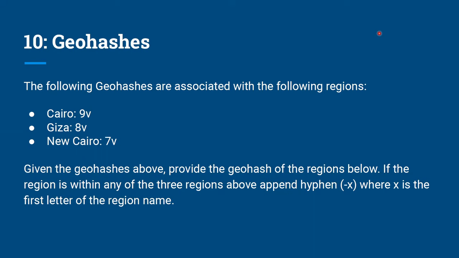If the region is within any of the 3 regions above, append hyphen -X, where X is the first letter of the region name. So we will be given a few regions, and we'd like to append those accordingly to these 3 regions if they belong to them. Well, let's just quickly recap what this was all about.